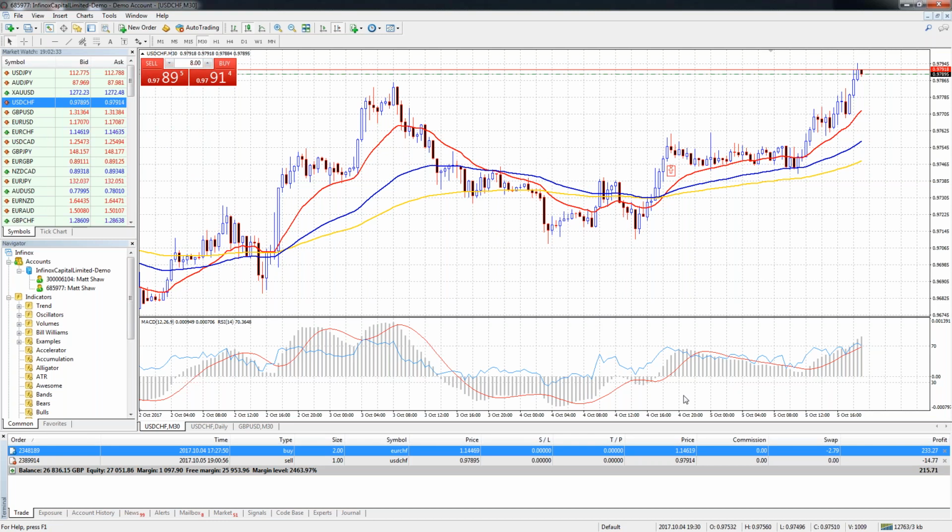Now 2 lots is roughly on dollar Swiss about $15, $16 per point. That's why we made $750 on that, just over 45, 50 pips. So with $15, $16 a lot, we have a 30 pip stop loss.